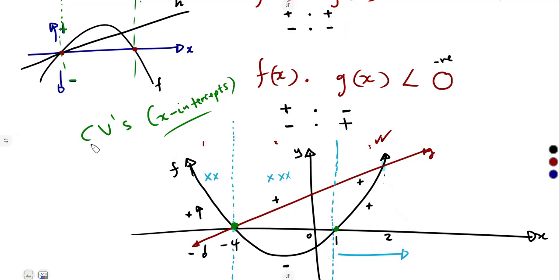But for any normal graph that you can be having, x-intercepts, all right? A hyperbola, remember, has its own properties of the asymptote. So whenever you deal with a hyperbola, you must consider the critical values, and you must also consider the asymptotes.